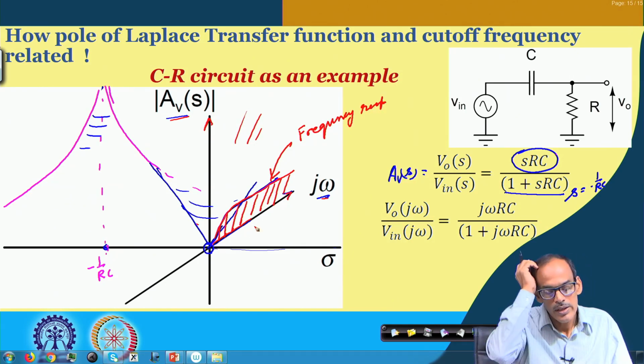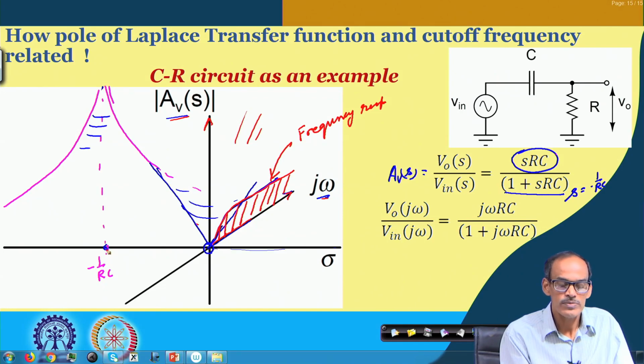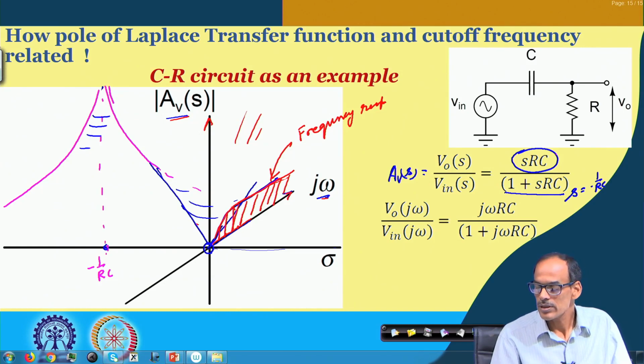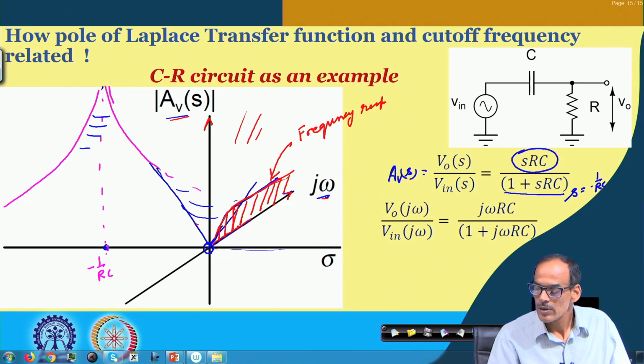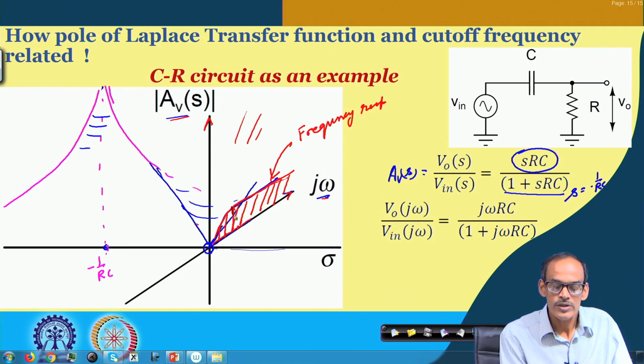And again, depending on the location of this pole, this frequency response will go to a steady level, and it will have a corner frequency. So, let me use a different color here. We do have a corner frequency where the magnitude of this frequency response will be 1 by root 2 times the saturated level.